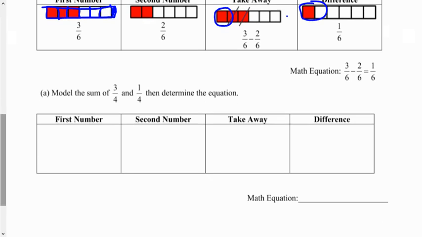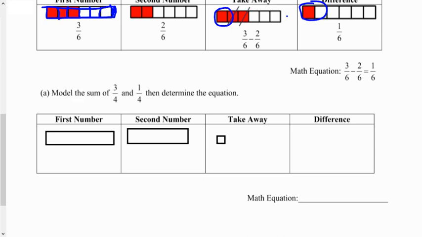If we want to represent what that might look like with a model, we'll have our whole amounts here. And let's go ahead and make them into fourths.